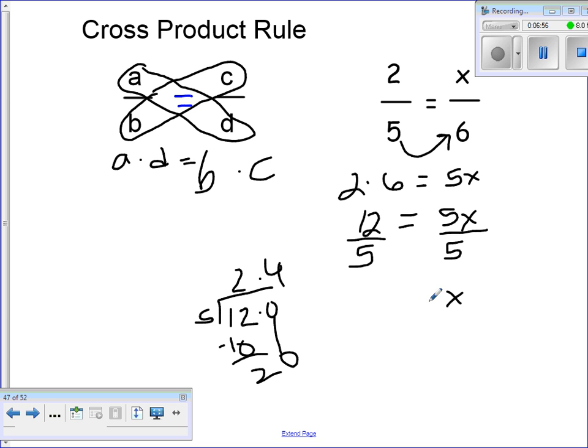Which means x is worth 2.4. Now we couldn't have seen that initially because there was no direct relationship between my denominators here. But if I use my cross product rule, I can easily figure out what that missing variable is worth.